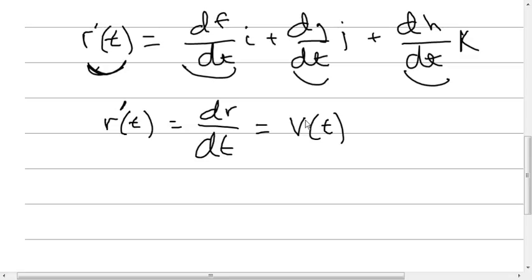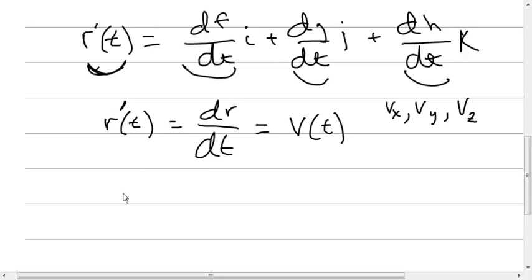What are the components of this vector? Well, it's the velocity in the x direction, the velocity in the y direction, and the velocity in the z direction. Okay? And that's because we just took the derivatives of the position in the x, position in the y, and position in the z, and obviously that's what we're going to get.